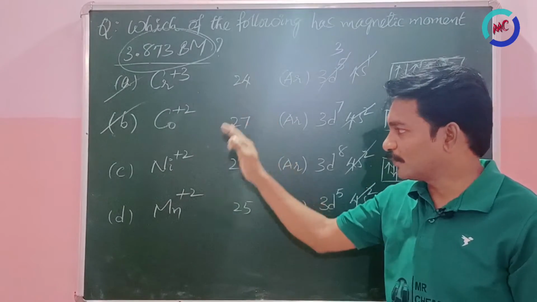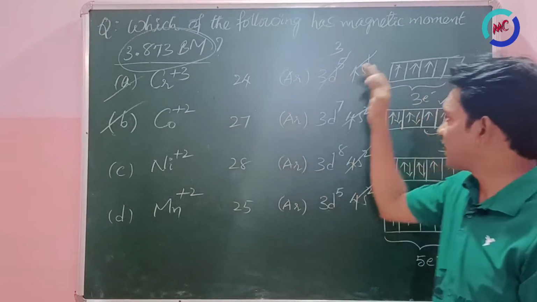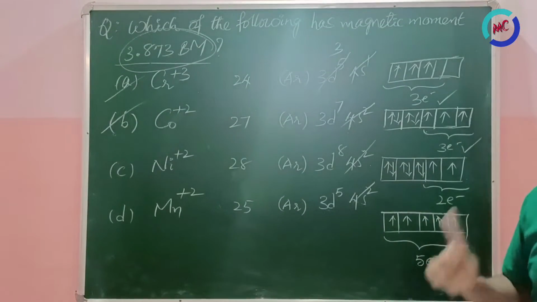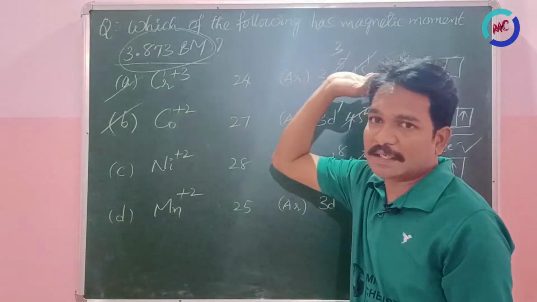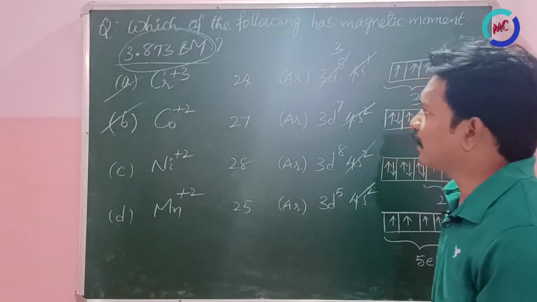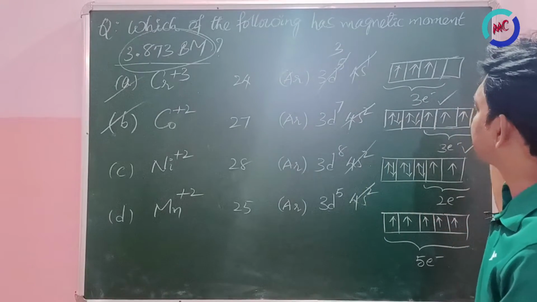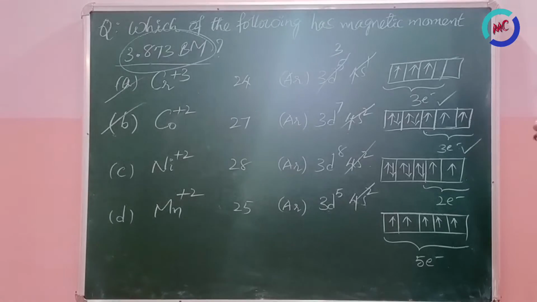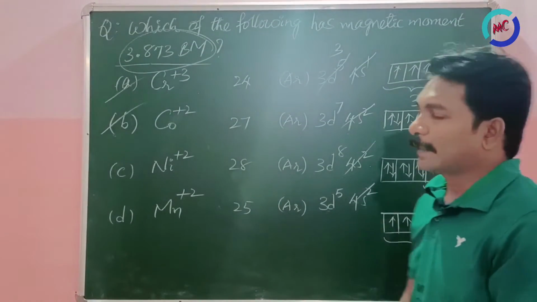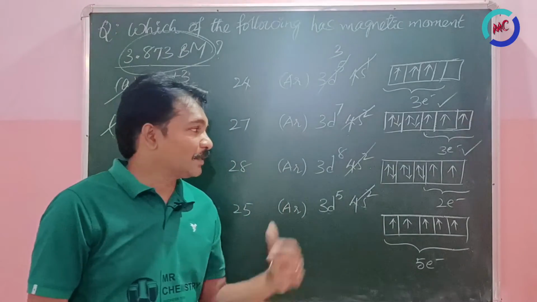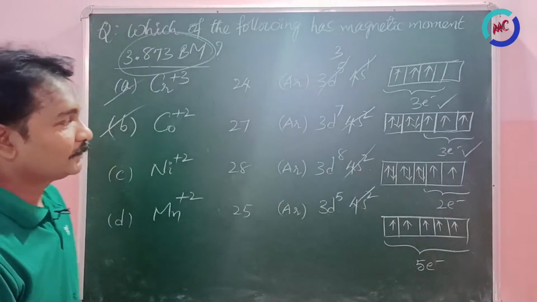That's why you have to calculate all the options, and how to calculate I already explained to you. From the magnetic moment you can find out the number of unpaired electrons, and see here, 2 options have 3 electrons. We will move to the next question, and before that please take a screenshot of this one.